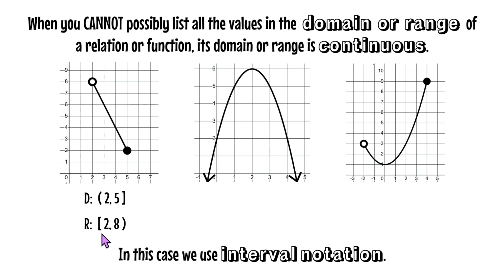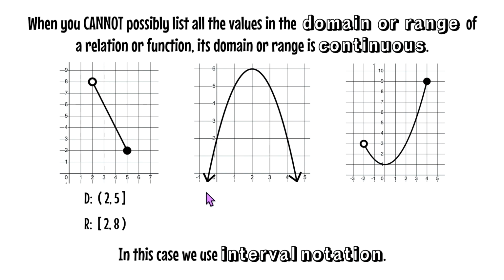Therefore, 2 is included in the range, and it gets a square bracket. As we move up on the graph, where does the graph end? At the top, we see that that y value is 8, and it is an open circle point, so it gets a parenthesis. So the range is from 2 to 8. It includes the value 2, so it gets a square bracket, does not include the value 8, so it gets a parenthesis. Let's look at the second graph.